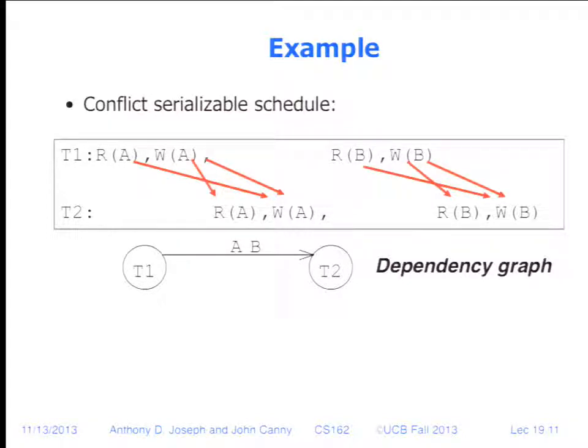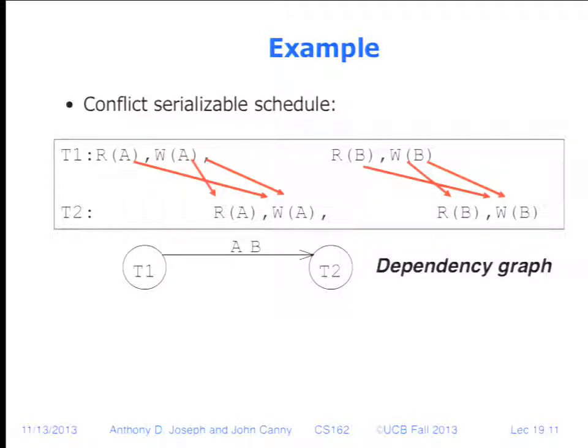So we've really got two sets of arrows here, one for the A's and one for the B's. But overall, there's only one ordering constraint that's implied by all those conflicts, which is T1 has to be before T2. All right, and if that's all there is, we're actually okay.